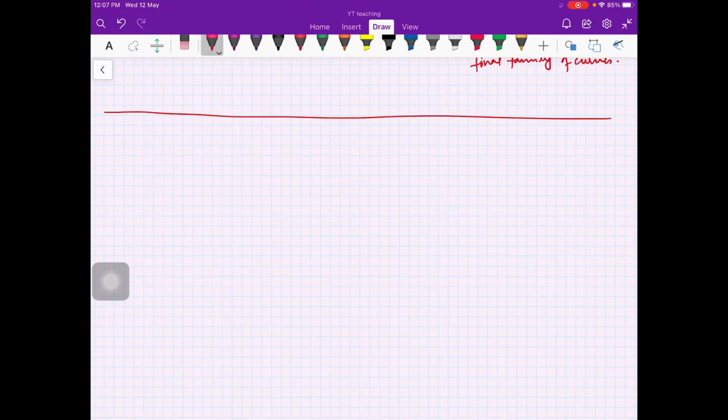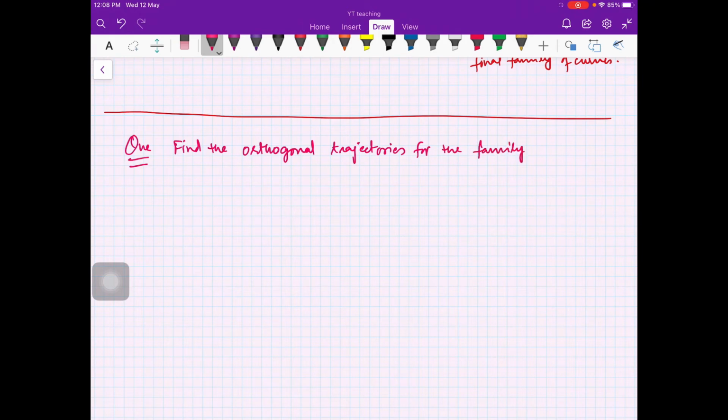So my question is, find the orthogonal trajectories for the family of straight lines y is equal to kx, where k is a parameter.